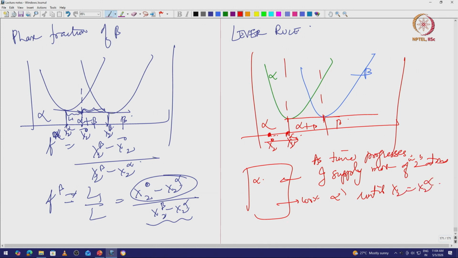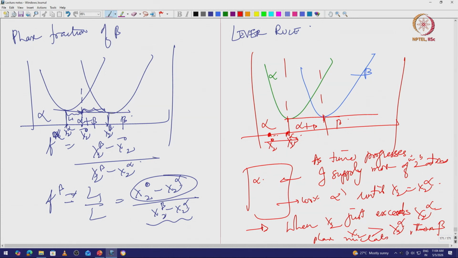When x2 just exceeds x2 of alpha, then beta phase nucleates. Now, if it is just greater and I ask you the question what is the fraction of beta phase, you can use the lever rule.